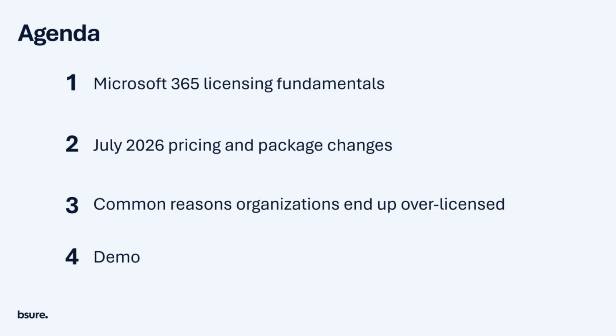Then we'll take a special look at the upcoming pricing and packaging changes that Microsoft comes with in July and what they can mean in practice for you. And then we'll dig into what we think are the most common reasons why organizations end up being over-licensed. And finally, we'll jump a little bit into the BeSure application and look at that in practice, how you can get visibility into some of those common reasons.